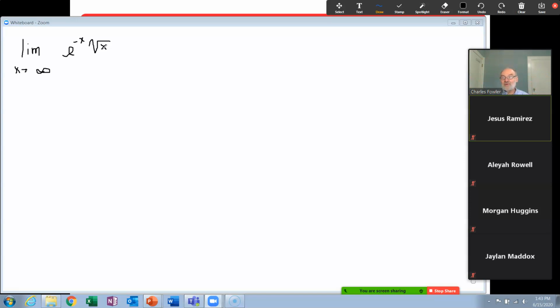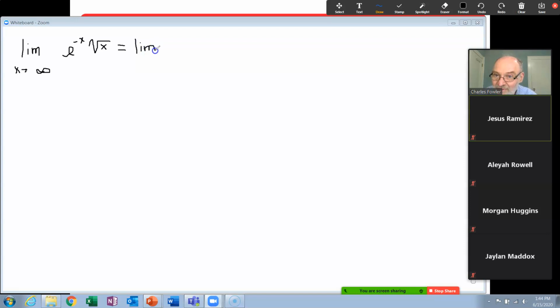So that's going to 0. Square root of x, of course, as x goes to infinity, is going infinitely large. So that would be a 0 times infinity. Why even refer to it in that form?